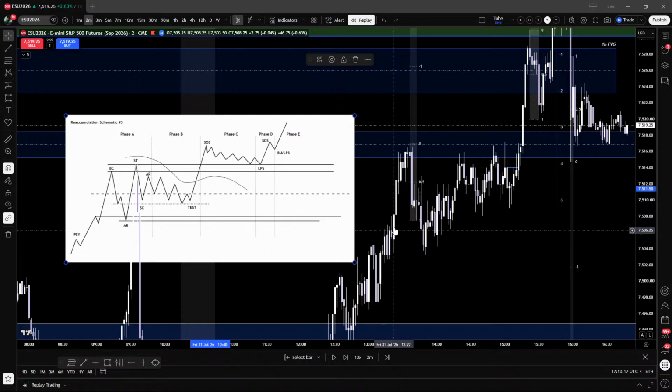So we had the first swing here, and then accumulation, which was here.